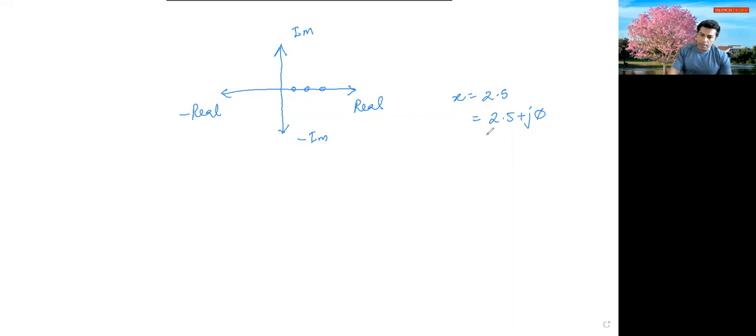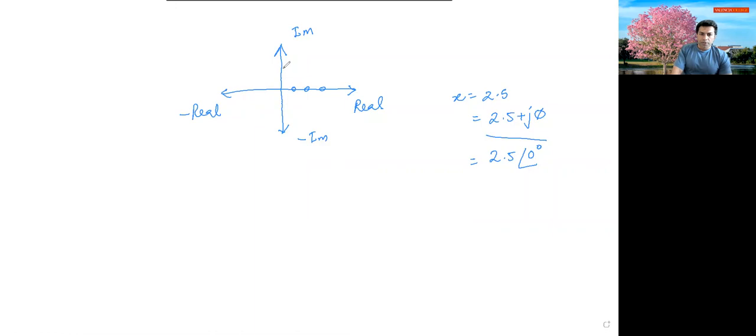This is the Cartesian or rectangular representation. How are you going to represent this number in polar form? Very simple. 2.5 is the magnitude, and the phase with respect to the x-axis is 0, since it is on the x-axis. So the polar form of the number is 2.5 angle 0. And this is valid for any number located on the positive real axis.